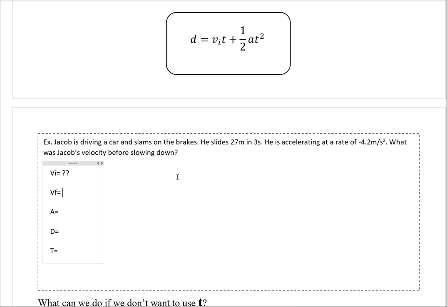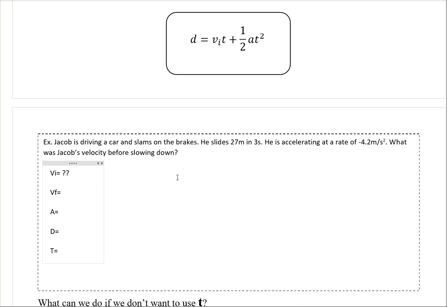Now for Vf, do we know the final velocity? I understand a number of people might say it's 0 because he stepped on the brakes. But if we think about it, you can step on the brakes without actually coming to a full stop. That's just slowing down. Did we say anywhere that Jacob has actually come to a stop? Reading the question, no, we don't know for sure if Jacob has stopped yet.